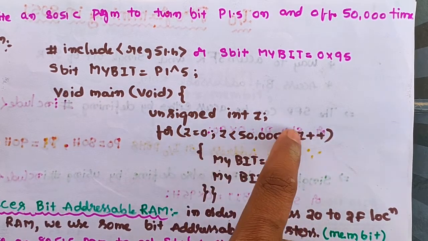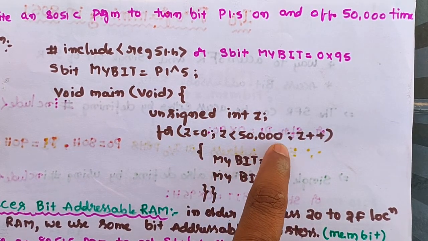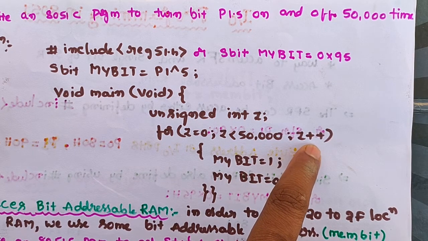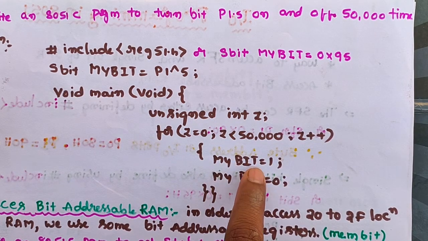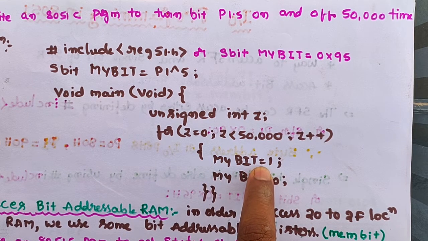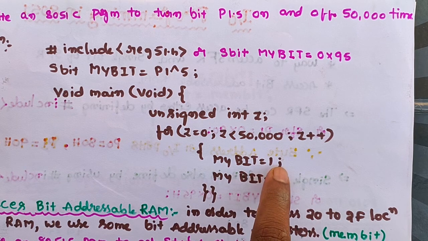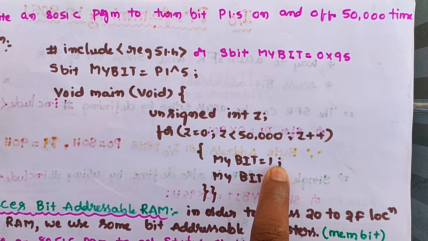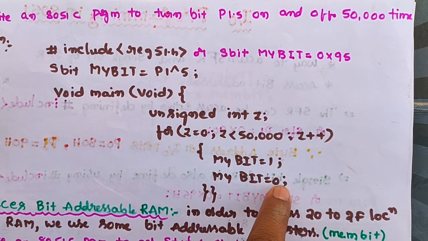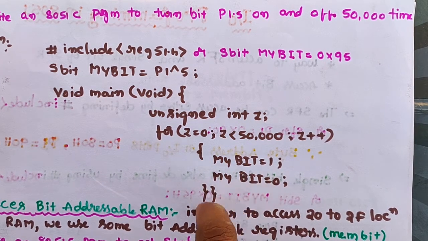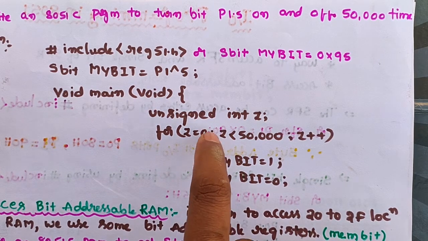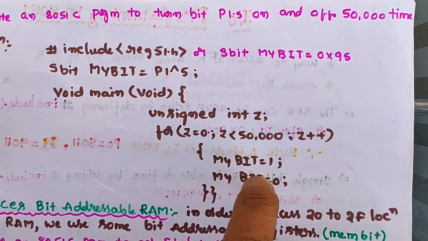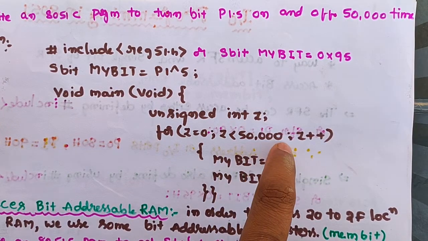This program will repeat the execution up to 50,000 times, and mybit, that means the port pin P1.5, gets turned on. At the next moment it gets turned off. So this program will execute 50,000 times. That means this bit P1.5 is continuously turned on and off 50,000 times.